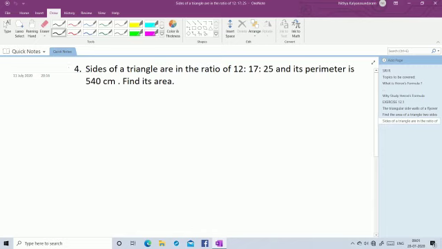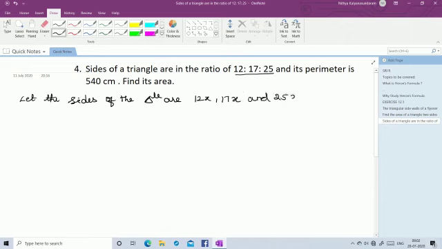Fourth question: sides of a triangle are in the ratio, and its perimeter is given; find the area. The sides are given in ratio, so first we have to consider the sides of the triangle are 12x, 17x and 25x.